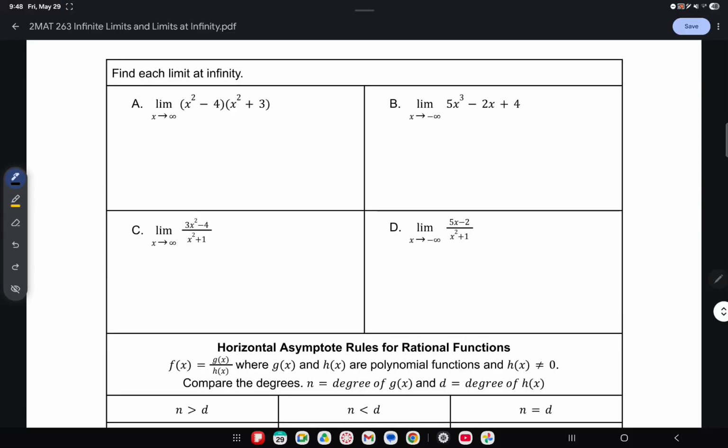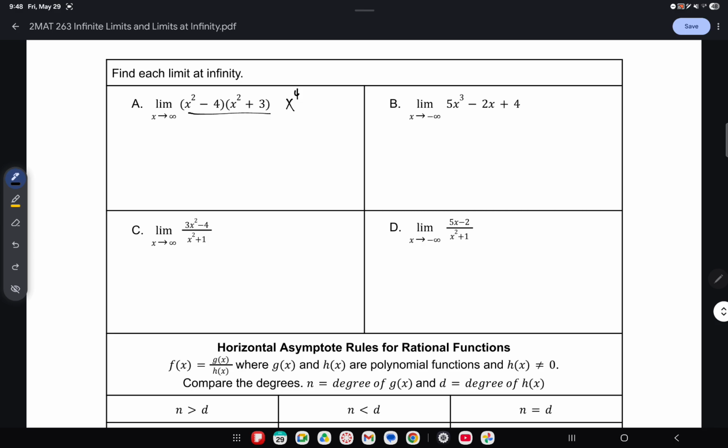So with limits, we can do a direct substitution, right? But I don't really like doing that with the infinities. I like looking at, okay, when I'm going off to the infinities, I'm thinking horizontal asymptotes. So this function right here, if I were to multiply it all out, is going to give me some form of an x to the 4th polynomial.